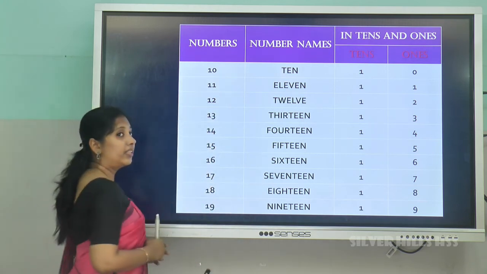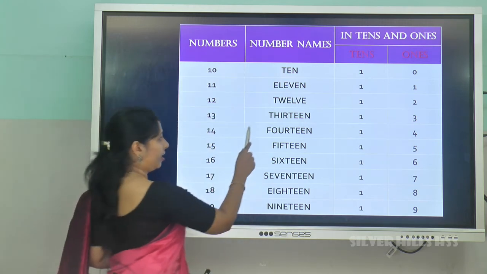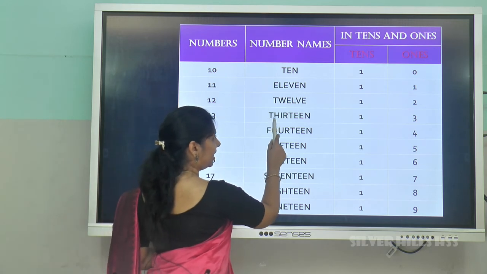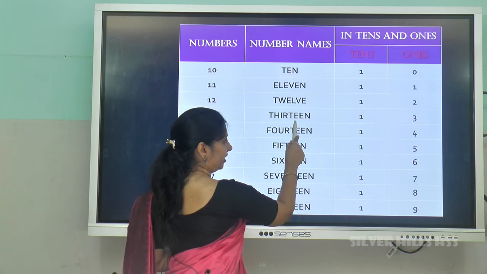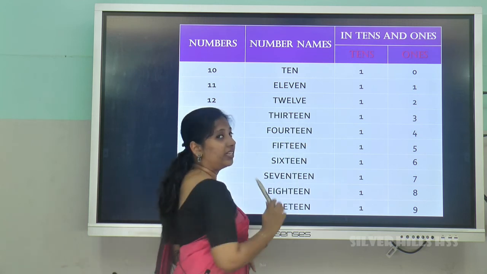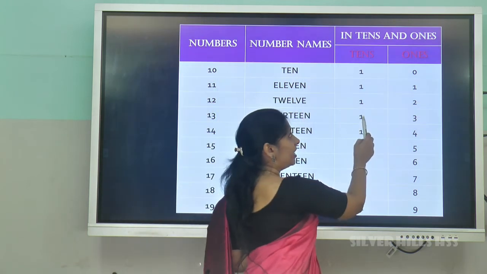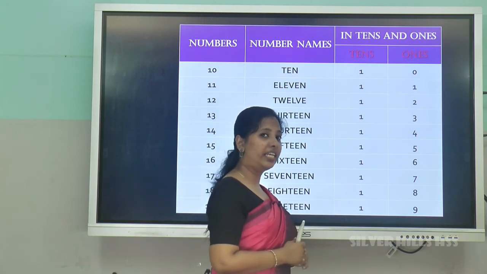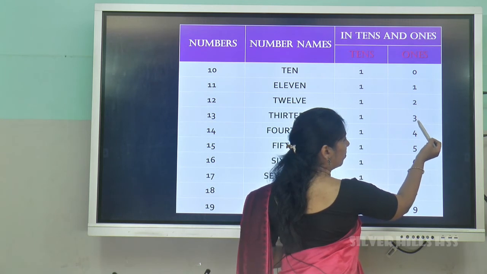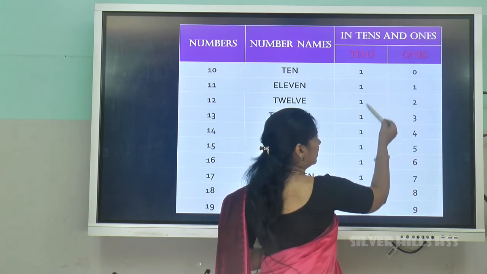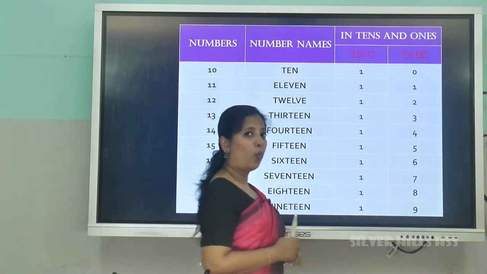Next is 13. What's the spelling? T-H-I-R-T-E-E-N. 13. And how will we represent 13 in tens and ones? In ones place we will write 3 and in tens place we will write 1.